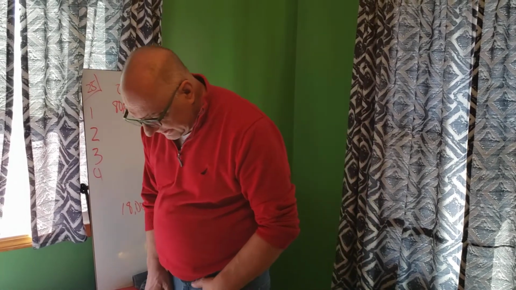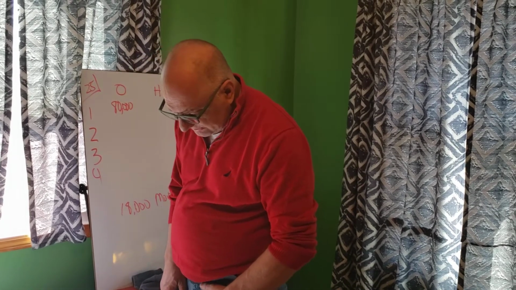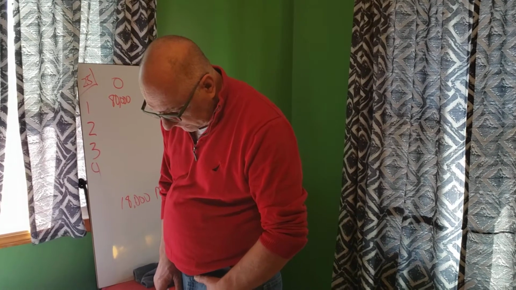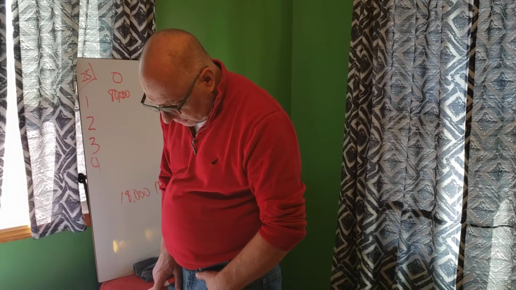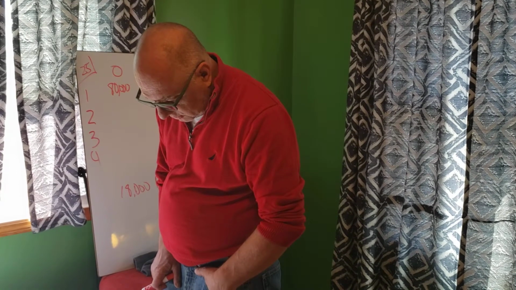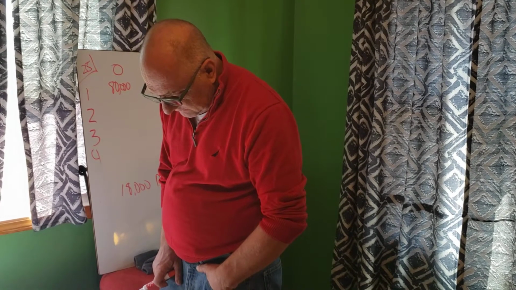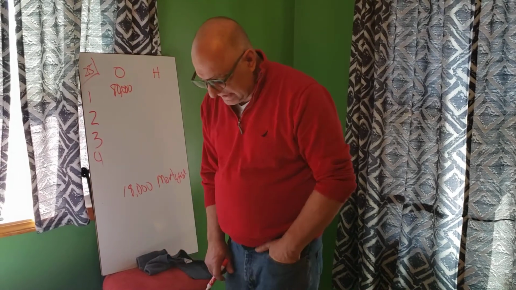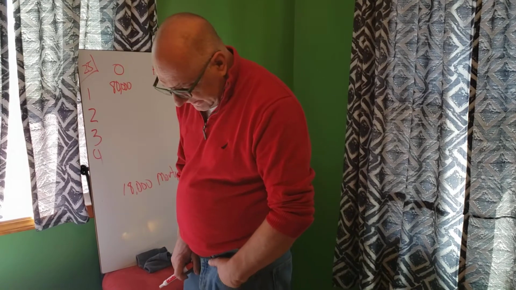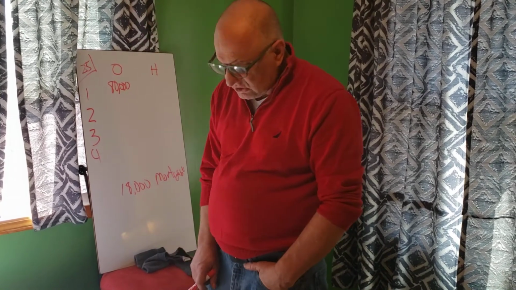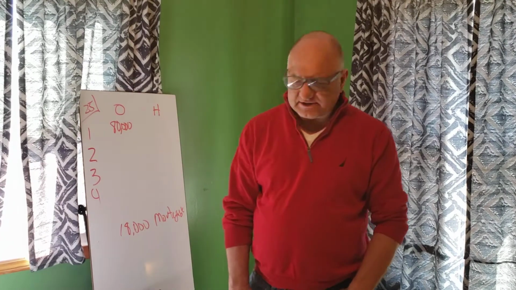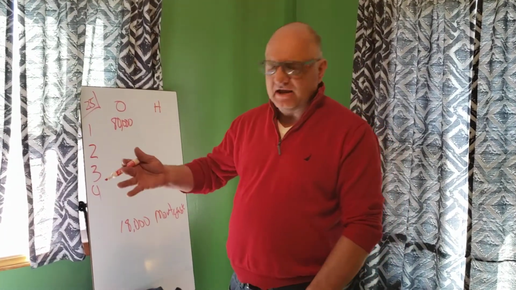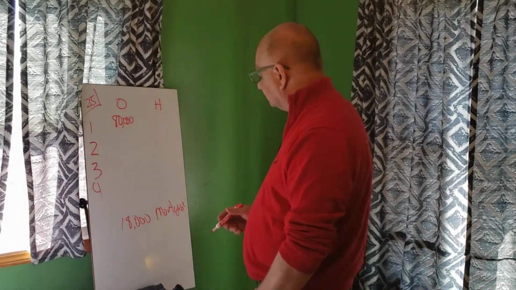The net equity that Harriet has is $60,000. That is the 112 minus the 52. So because Harriet's net equity is 60 and Oscar's net equity is only 50, Oscar's got to pay Harriet $10,000.